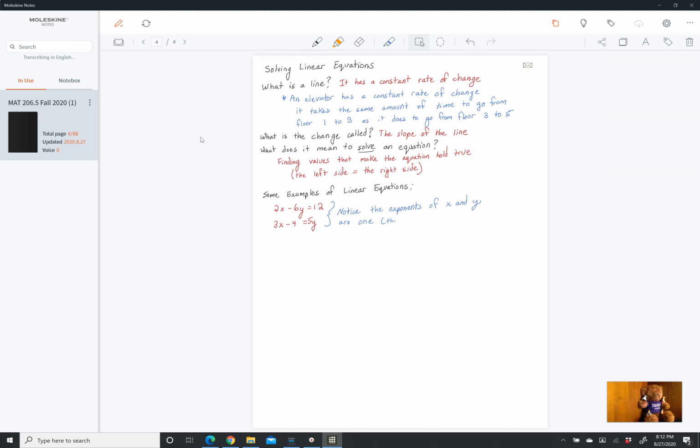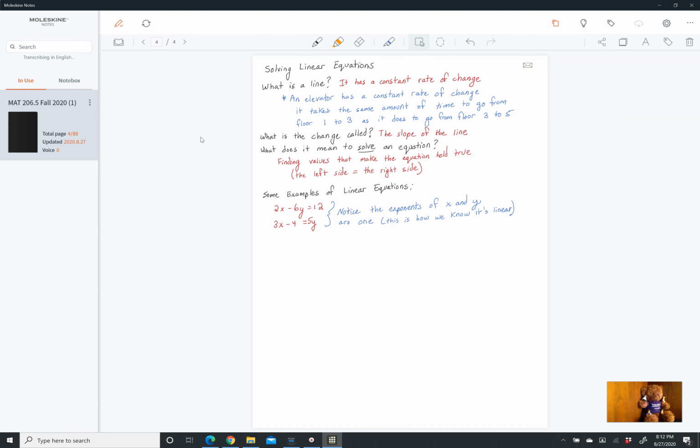This is how we know it's linear. Remember, if there is no exponent, then the exponent is 1. So what this will result in is a line.